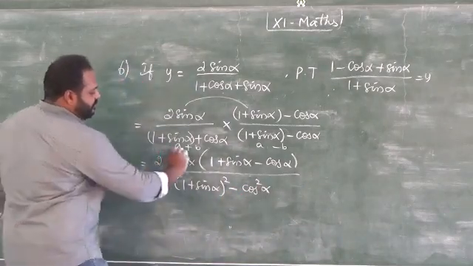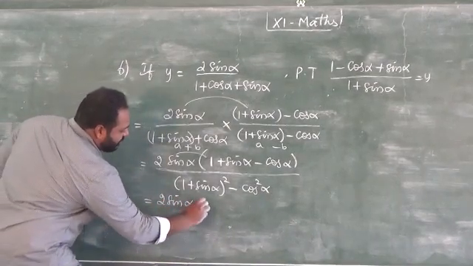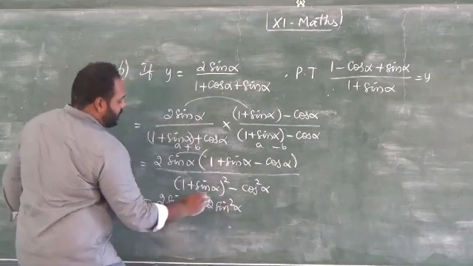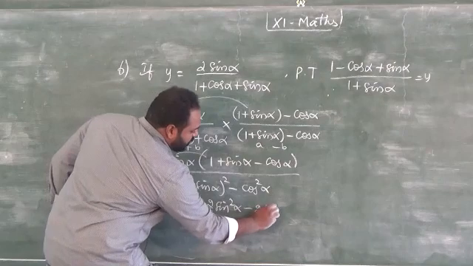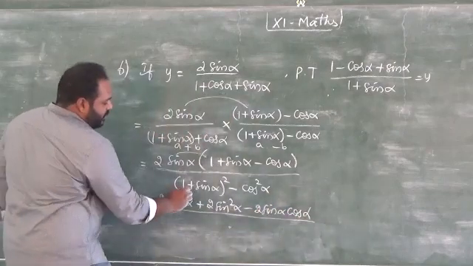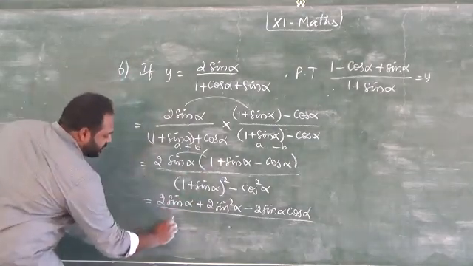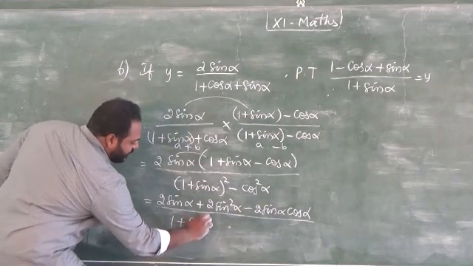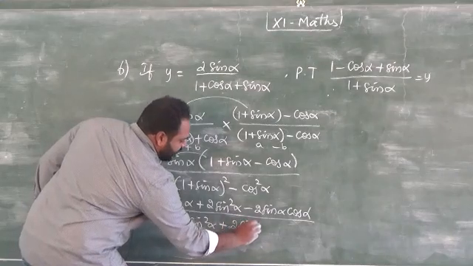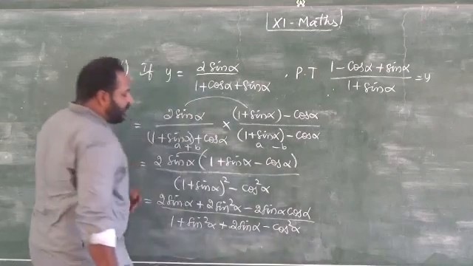Next, just multiply inside the bracket: 2 sin alpha plus 2 sin square alpha minus 2 sin alpha cos alpha, whole divided by the a plus b whole square formula. A square is 1, b square is sin square alpha, plus 2ab is 2 sin alpha, minus cos square alpha.